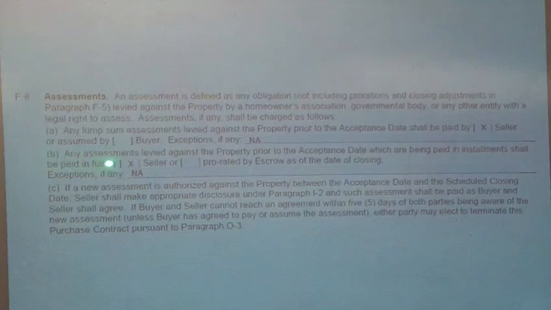And then if there are any assessments that are levied against the property prior to the acceptance date, who's going to pay for that? That's an important one, especially if there are ongoing assessments in like a condominium, that you address that. Who's paying that off? Right? Is the buyer going to assume it, or is the seller going to pay it off? That also becomes a negotiating point.